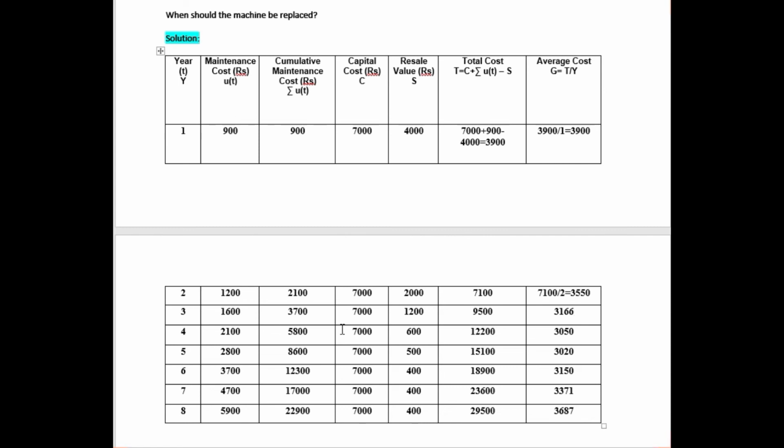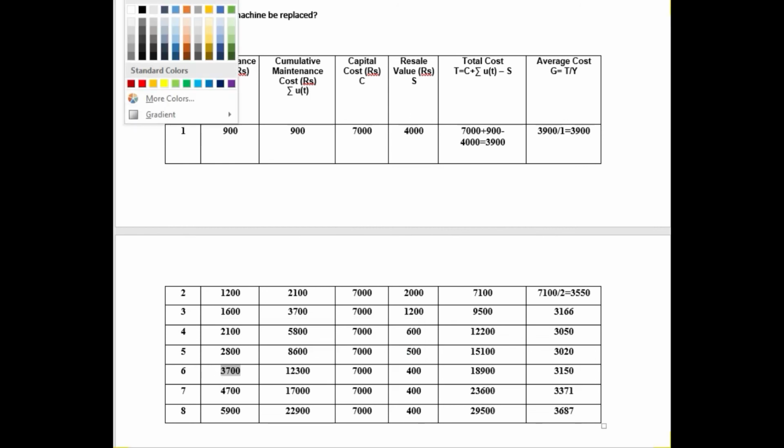So it will go like that. So see the fifth year, the maintenance cost is 2800 and the average cost will be 3020. For the sixth year, the maintenance cost will be 3700.